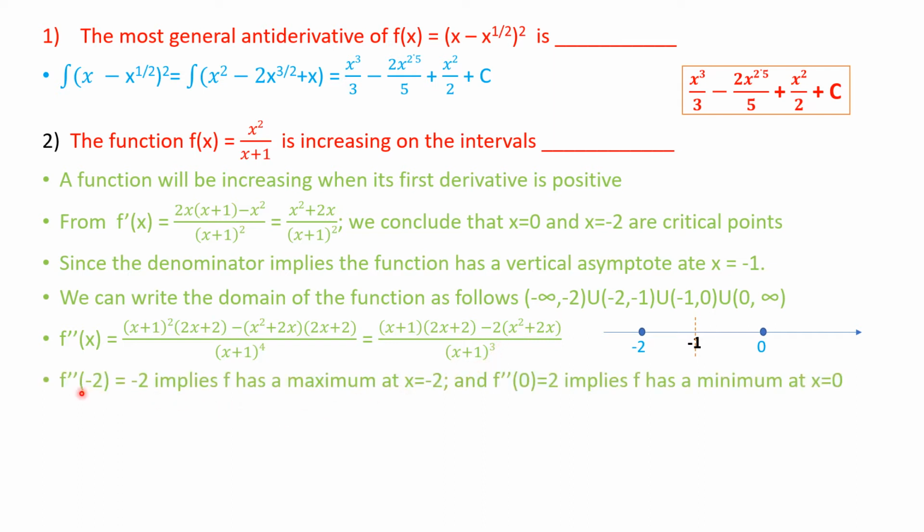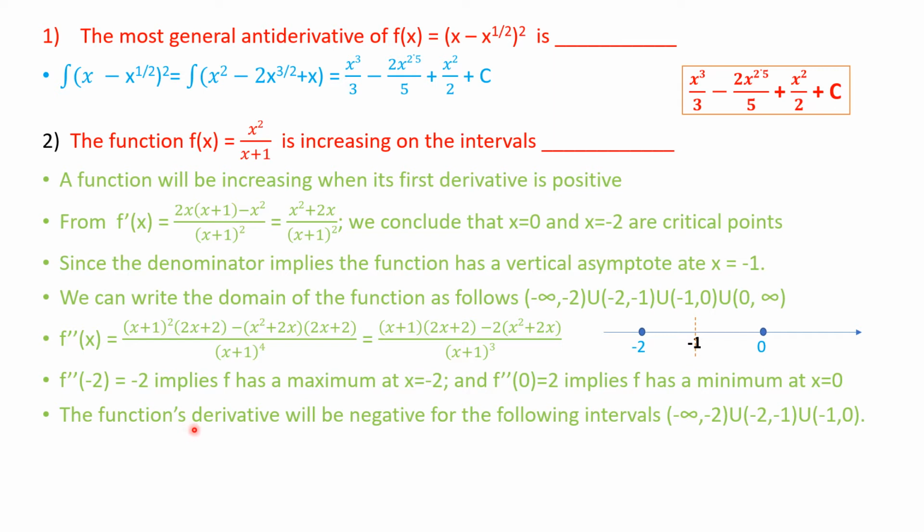F double prime of negative 2, if we do the math, is negative 2, which implies f has a maximum at x equal to negative 2. And f double prime of 0 is equal to 2, which implies f has a minimum at x equal to 0.